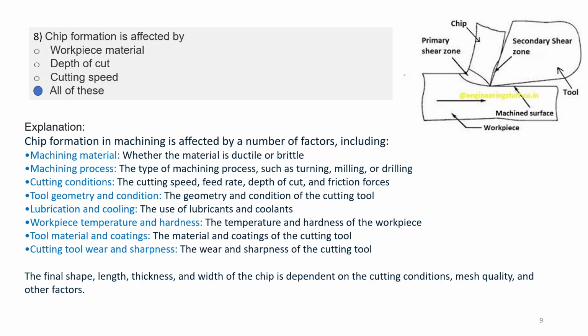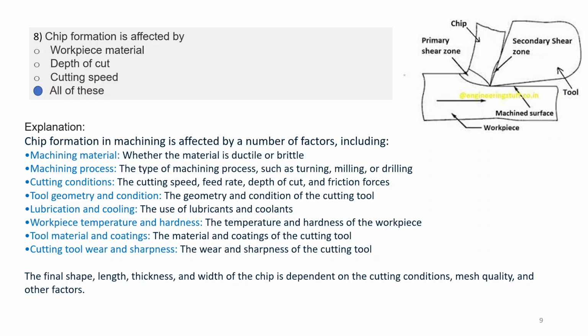Next is the machining process. The type of machining process such as turning, milling and drilling also decides what type of chips will be formed. Next is cutting conditions. The cutting speed, feed rate, depth of cut and friction forces all decide how the chip will be formed.